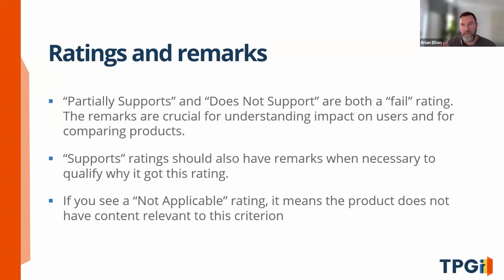WCAG is very binary in this sense, right? It's either pass or fail. Even if you have one image that is missing alternative text, that is a failure, even though it could be 1 out of 1,000 images. It's very binary in that sense. So partially supports or does not support are fail ratings.